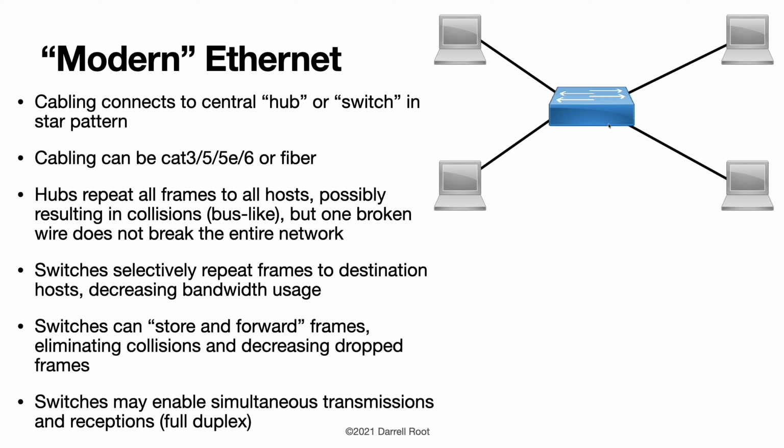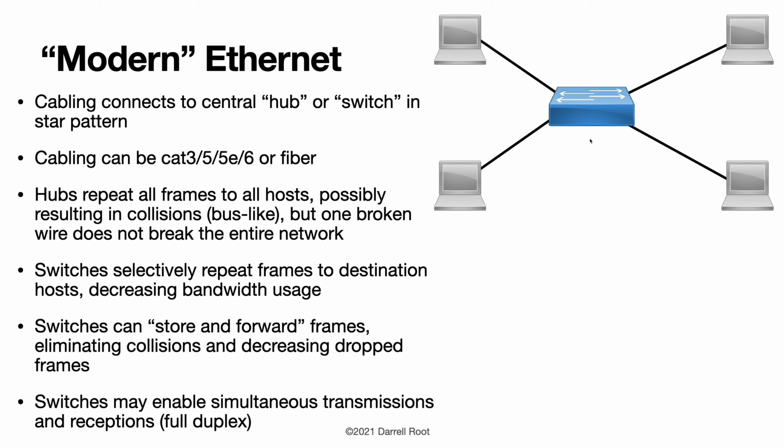Switches selectively repeat frames to destination hosts. That improves bandwidth utilization. So for example, the host in the top left could be transmitting to the bottom left, and at the same time the host in the top right could be transmitting to the bottom right. And both of those communications could go on simultaneously.